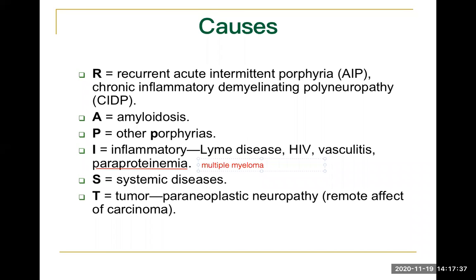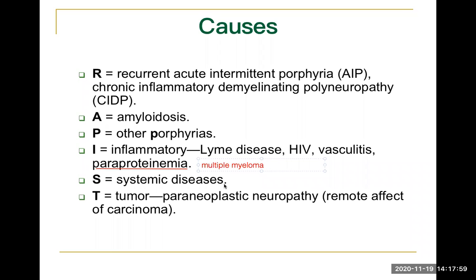Or Waldenstrom macroglobulinemia is another example where IgM is produced, and in multiple myeloma an IgG type of abnormal antibody is formed. There is a light chain production there, and there are so many other clinical features of multiple myeloma, but it can damage the peripheral nerves.